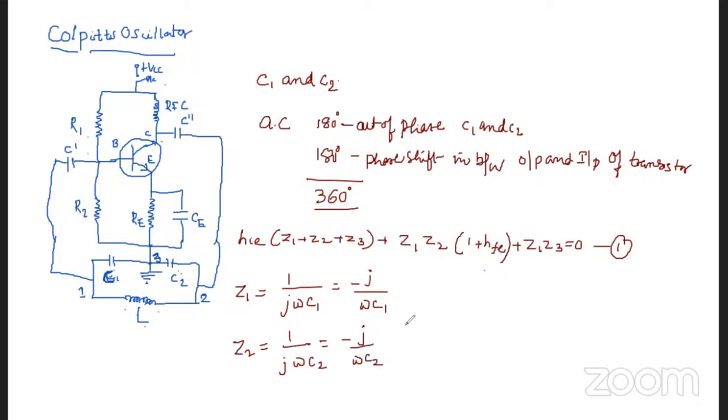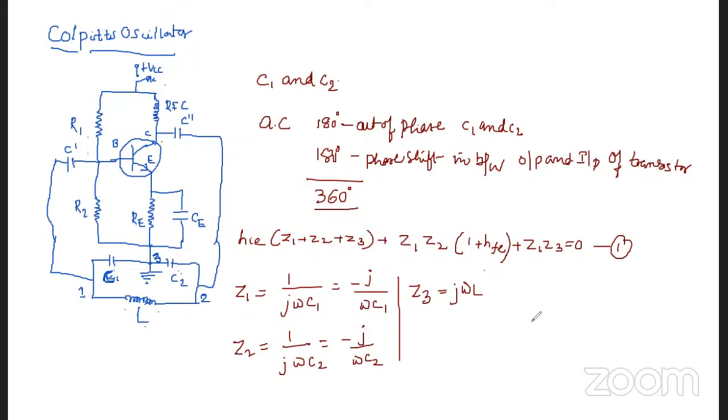And similarly, we can get the value of Z3. Z3, in the case of the inductor, is j omega L. So we have got Z1 equal to minus j by omega C1, Z2 equal to minus j by omega C2, and Z3 equal to j omega L. These values of Z1, Z2, Z3, we will substitute in this equation 1 here.